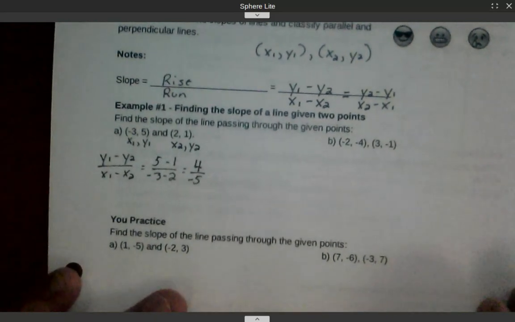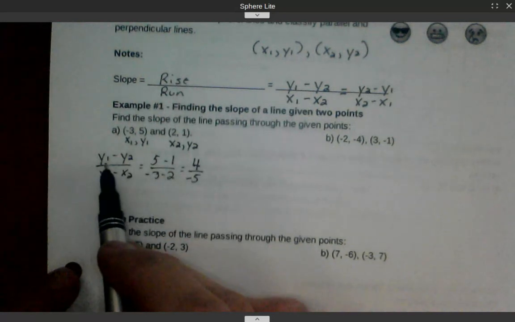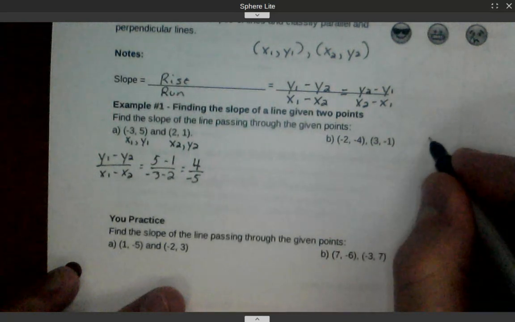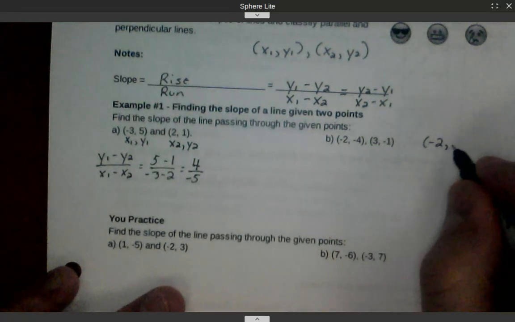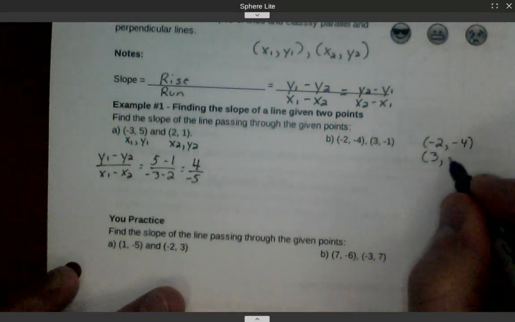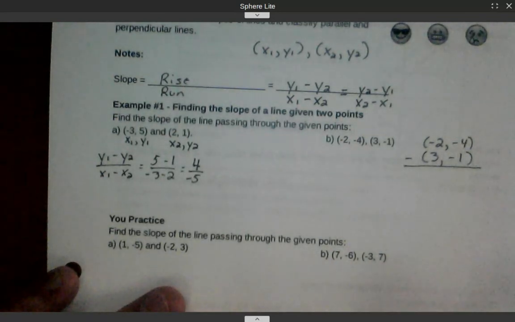Another way that I like to do it, just because a lot of people mix up the y1 with the y2, is I like to line up my coordinate points. So if I have negative 2, negative 4, and I have 3, negative 1, now all I'm going to do is subtract these values.